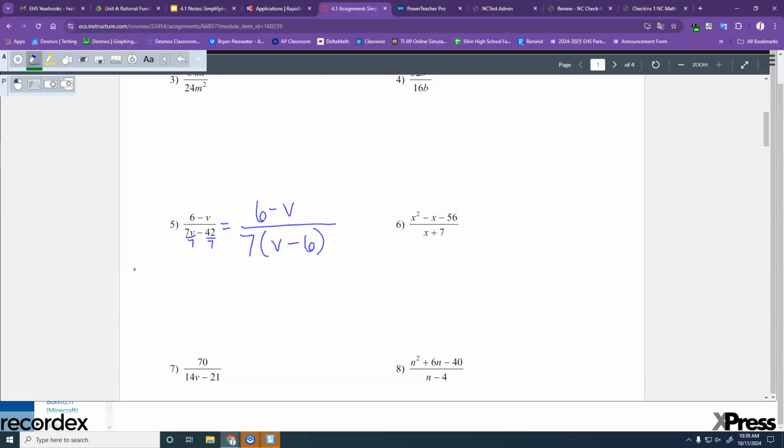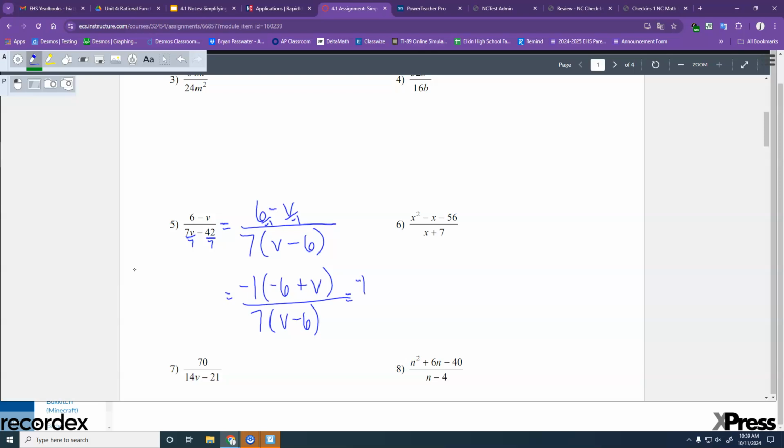So what about if I factor out a negative 1 out of that numerator, right? So if I were to divide that numerator by negative 1, so I'd have negative 1, and I'm dividing this by negative 1, and I'm dividing this by negative 1. Dividing by negative 1 just switches my signs, right? So that would make this negative 6 plus v. And on the bottom, I'd have 7v minus 6. Okay?